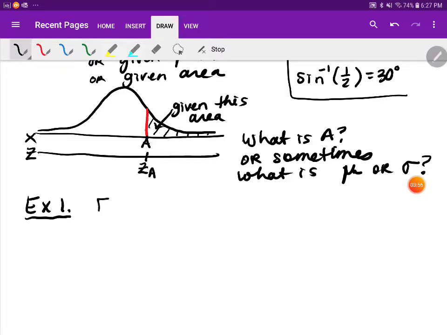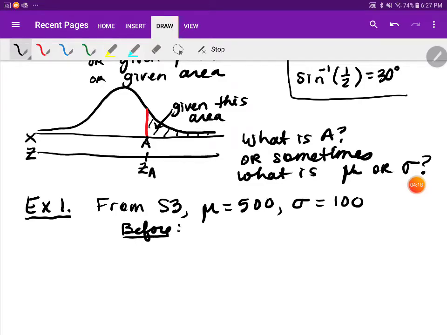Okay, so this is from S3. From section S3, we said the mean, mu, of an SAT math score is 500, and sigma is 100. Before, we wanted to know the probability that x is less than or equal to 420, and we changed that to a proportion with a z-score.